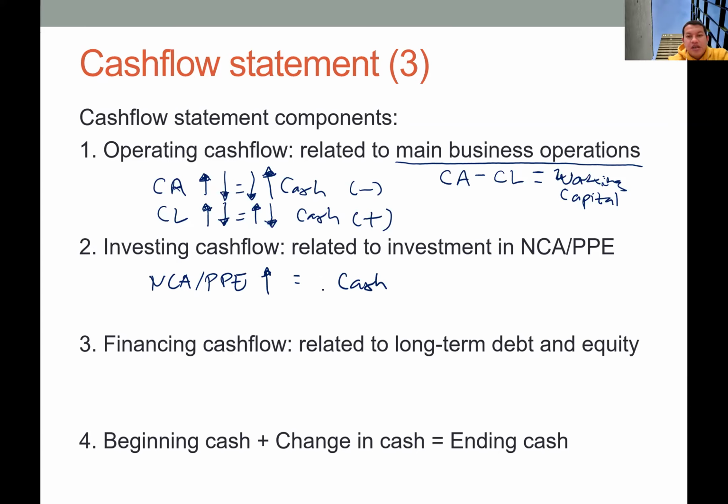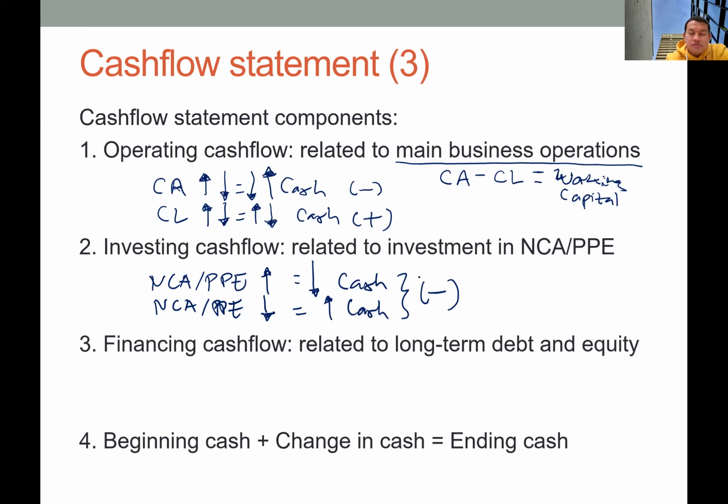PPE is property, plant, and equipment. So if PPE is increased, then the cash will be decreased because the company used the cash to purchase more PPE. And if non-current assets or PPE are decreasing, it means the company is selling some of their PPE for cash, so the cash should be increased. So we will observe a negative relationship between PPE or non-current assets and cash in the investing section.